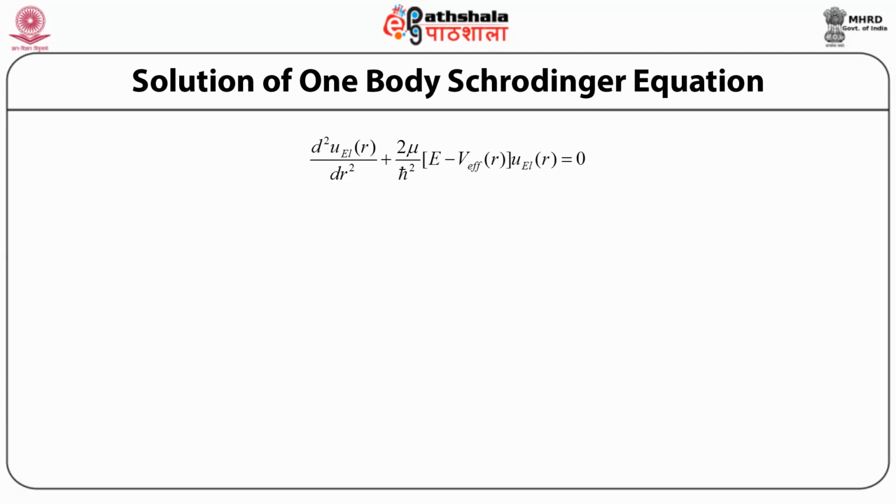d square u E l as a function of small r by dr square plus 2 mu by h cut square multiplied by E minus V effective as a function of small r multiplied by u E l as a function of r equal to 0, where V effective as a function of r is equal to minus Ze square by 4 pi epsilon naught r plus L multiplied by L plus 1 by 2 mu r square is the effective potential.